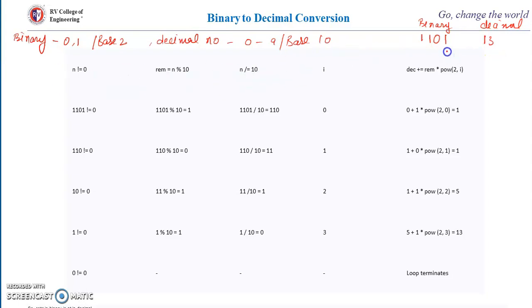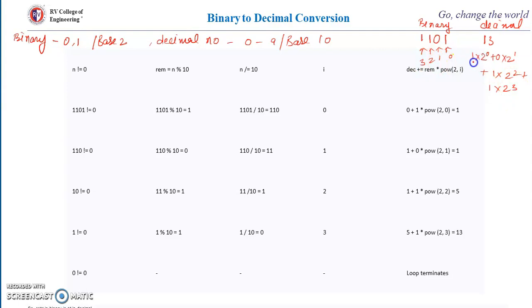If 1101 is a binary number and this is the 0th position, then first, then second, and here it is third. So what we do is, the base is 2, so 1 into 2 to the power 0, plus next 0 into 2 to the power 1, plus next 1 into 2 to the power 2, plus 1 into 2 to the power 3.